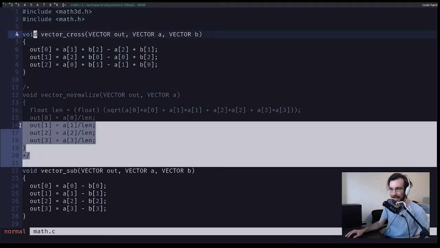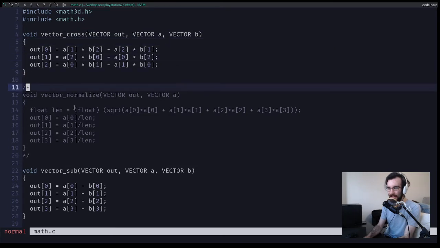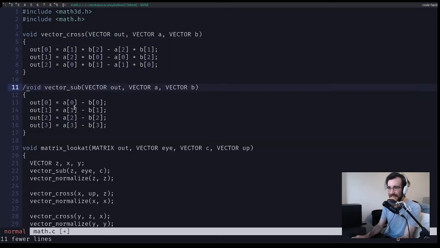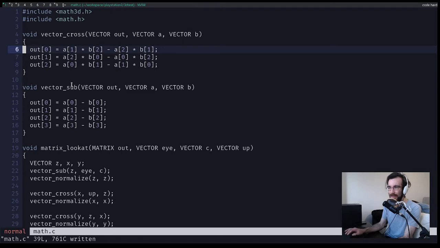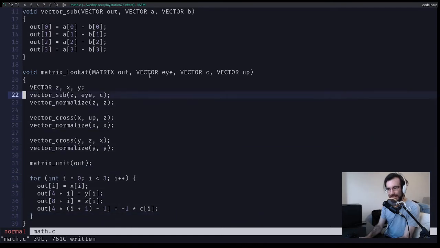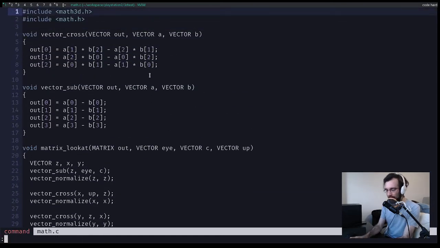Turns out that the library comes with a vector normalize, so we don't need to do this. We're using a PS2 SDK definition of a vector, which is just an array of 4 floats. They like capital letters. I'm happy to go with this name. My cross product feels right. It tastes like the right kind of cross product. I'm fairly confident this is what I want it to be.